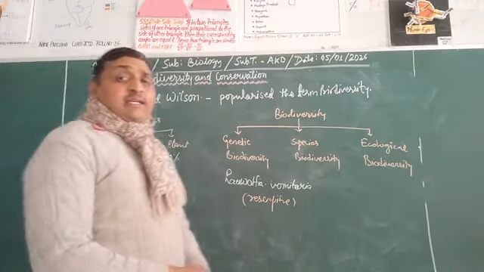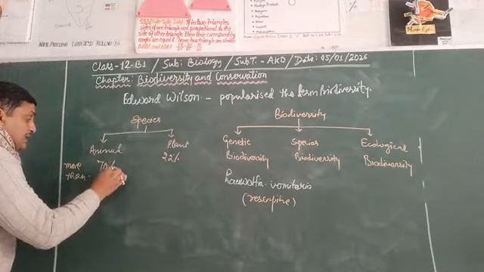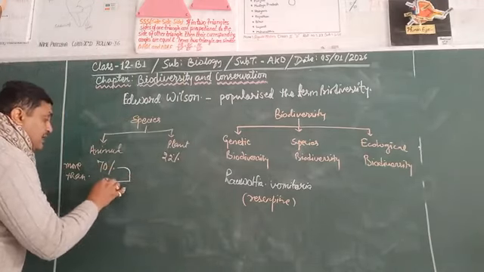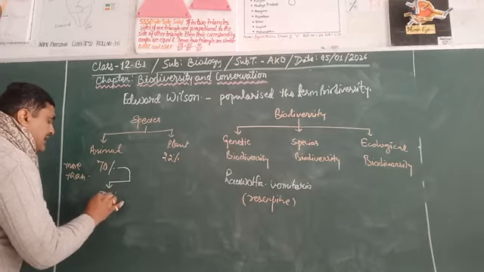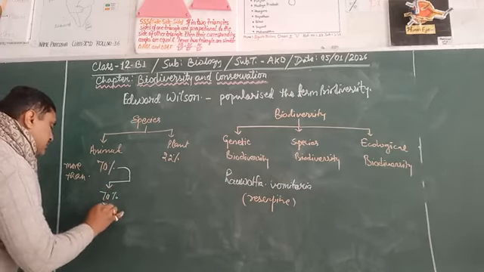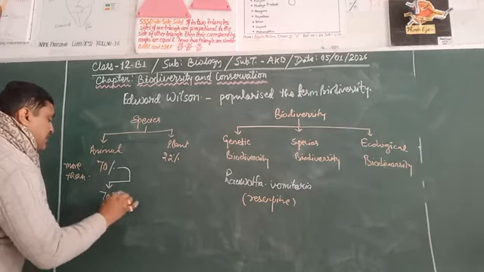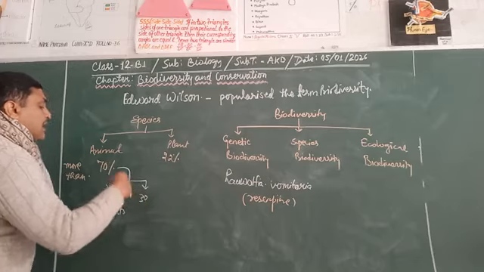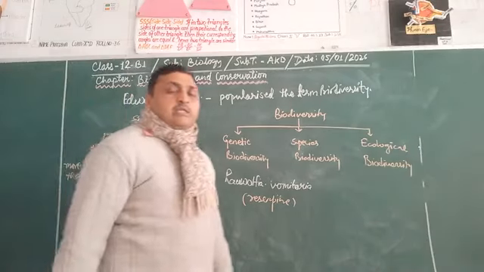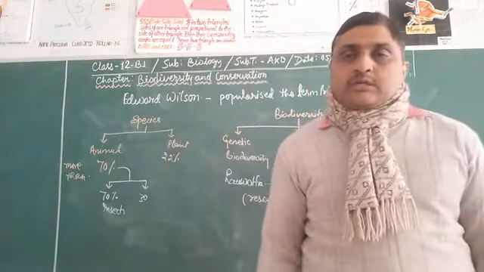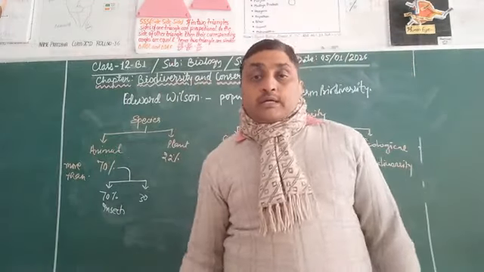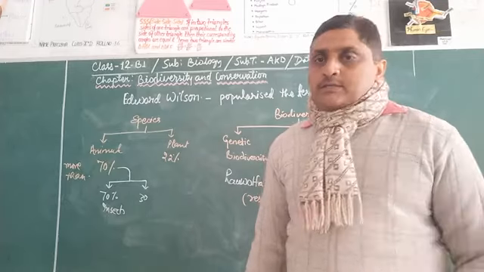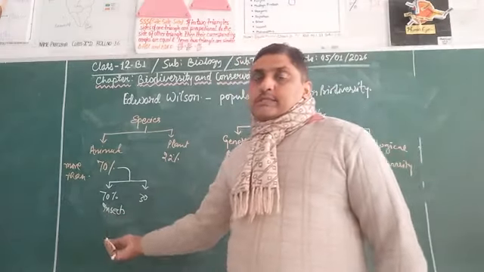And of that 70% animals, 70% are insects, and the remaining 30% are other organisms, like vertebrates, mollusca, echinodermata and others.